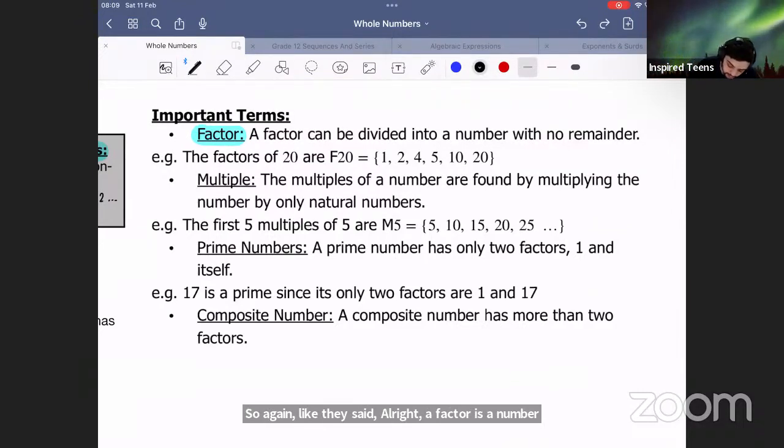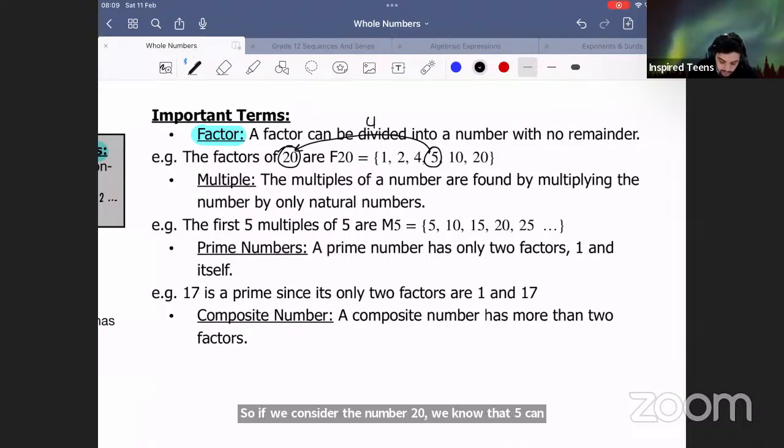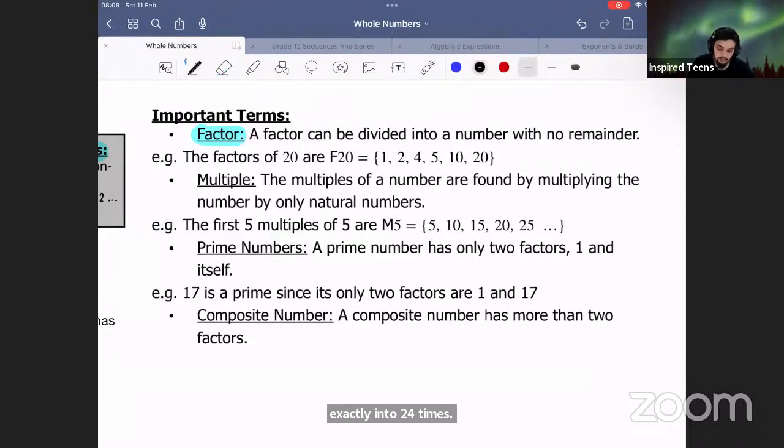If we consider the number 20, we know that 5 can go exactly into 20 4 times. So that's why 5 is a factor of 20. So 1, 2, 4, 5, 10, and 20, all of these values are factors of 20 because they can go into 20 an exact amount of times.